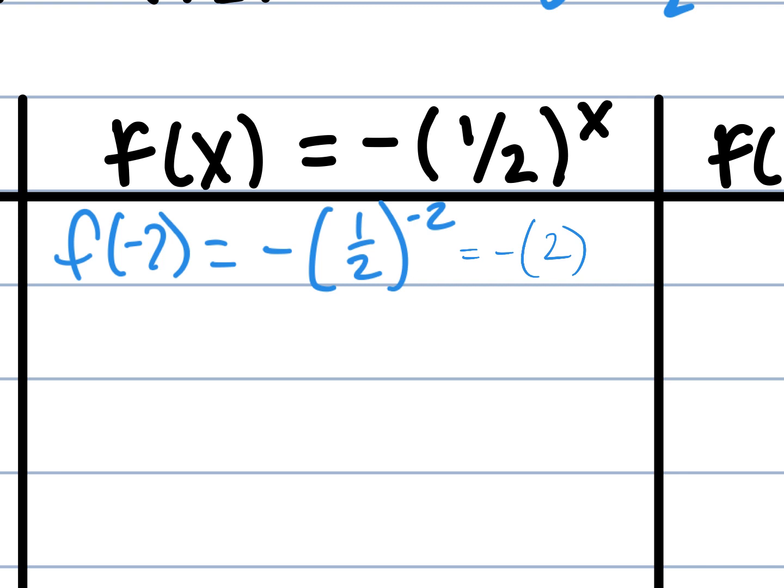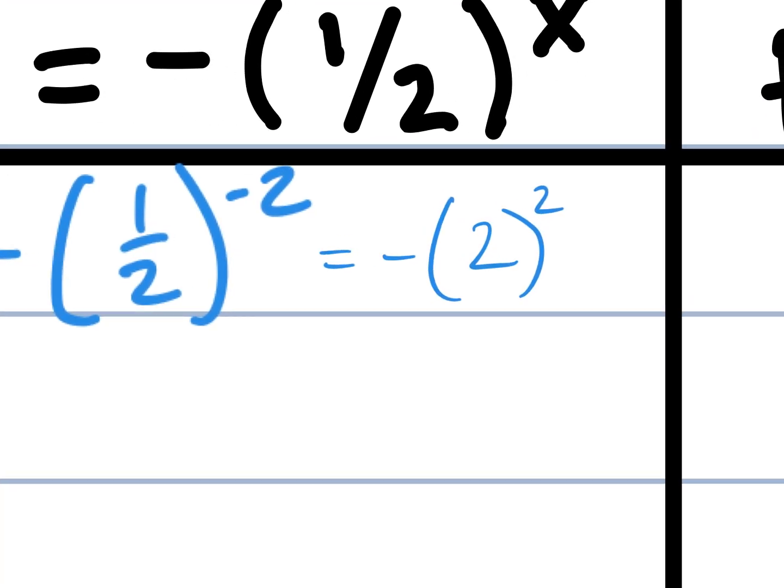Good. Addison, why did you flip the 1/2? Because the exponent was negative. Good. Anytime we have a negative exponent, guys, flip your base. What is 1/2 flipped? 2 over 1, or just 2.